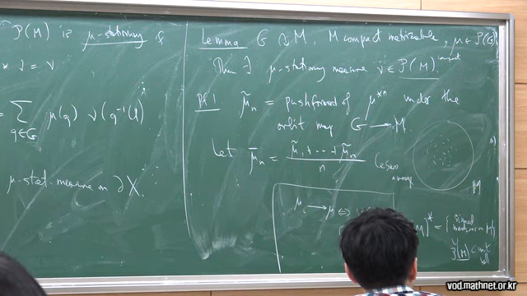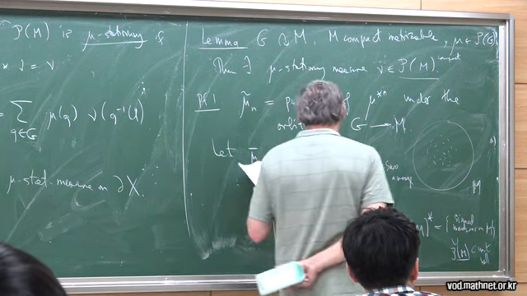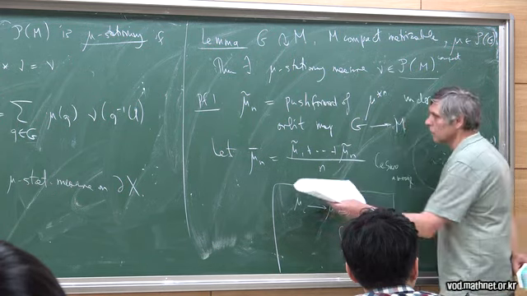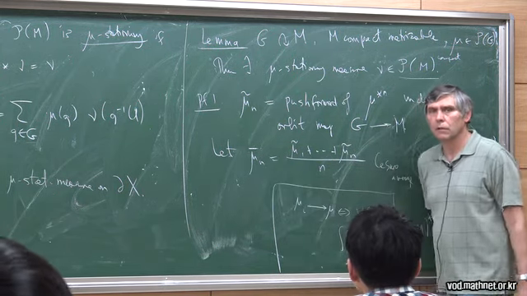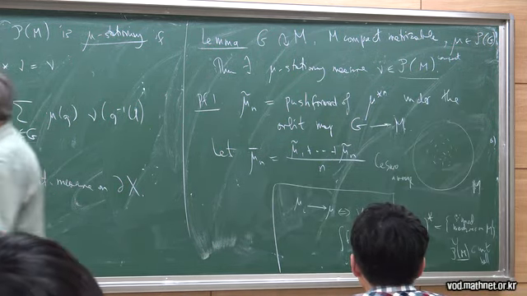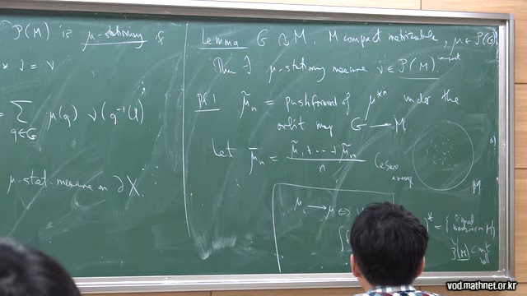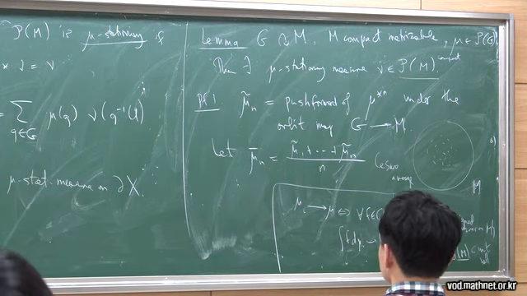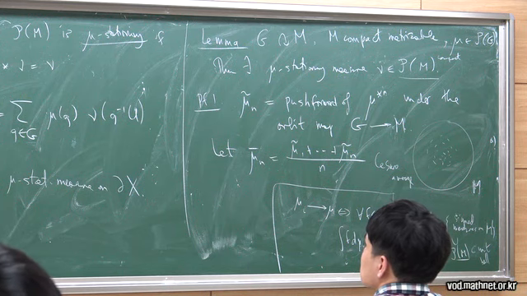So where are we? We have these measures, and by compactness, we know there is some subsequence that converges. So the mu n bars will converge after passing to a subsequence.